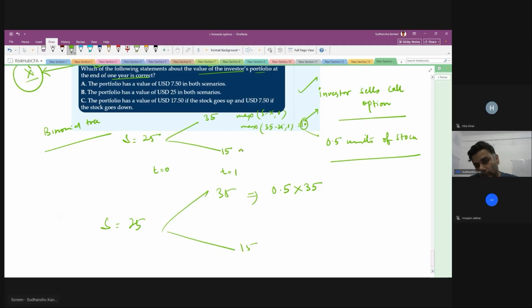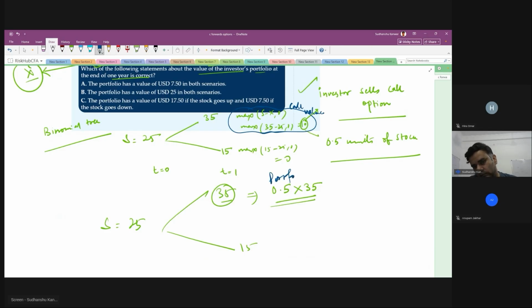And here, at each node you have to find this out. Here it was 15 minus 25, comma 0, so it is 0. What I have calculated here is my portfolio value.